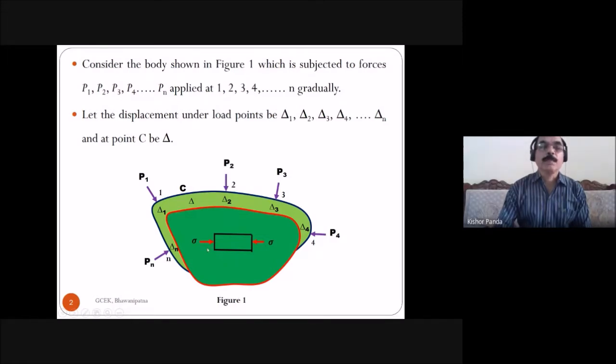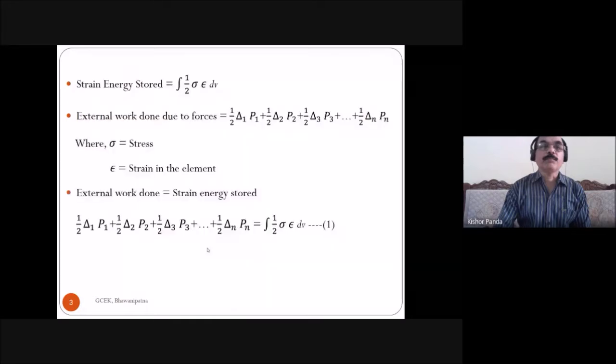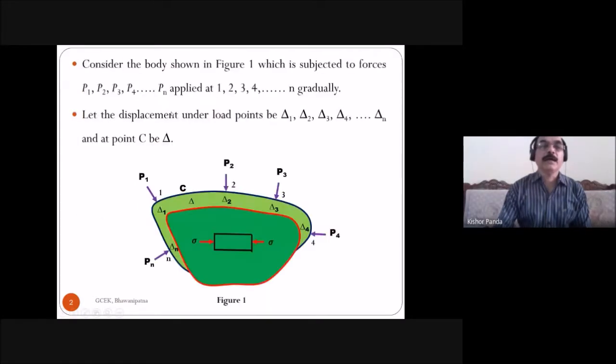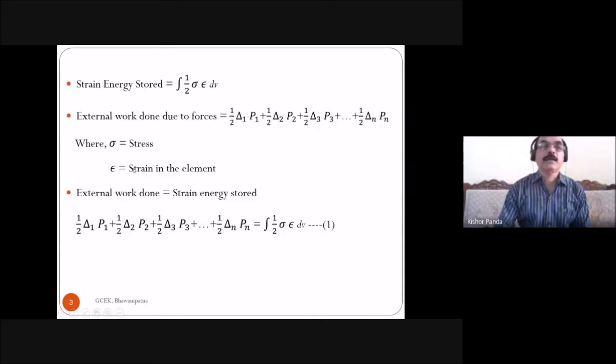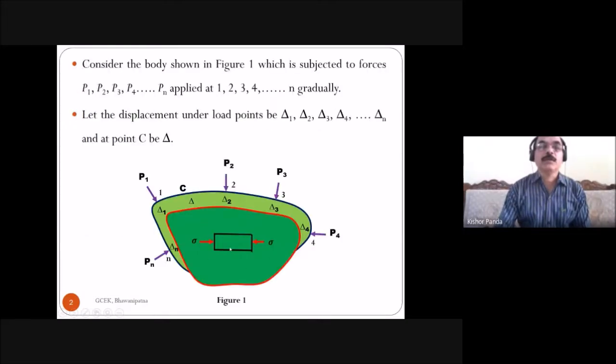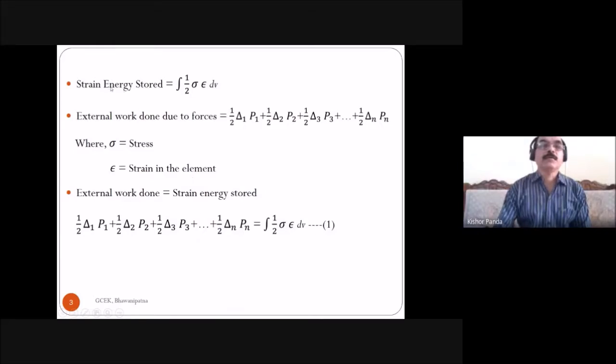Then from the strain energy method, what is the strain energy stored in the body? The strain energy stored is equal to the integration of half stress into strain into dV, the change in volume.